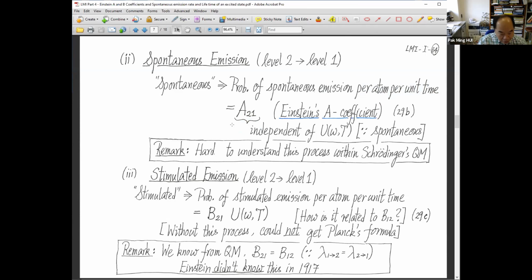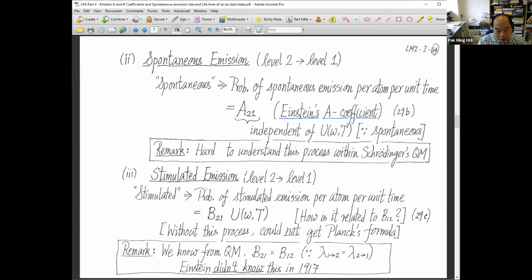That is our weak point, right? We cannot handle it using Schrödinger quantum mechanics. It can be handled by quantum mechanics, but we need to quantize the EM field. So we need quantum field theory, which is beyond our scope. But we will see. By borrowing Einstein's relation connecting his A and B coefficients, because we know B, therefore we know A without any effort. That is the approach.